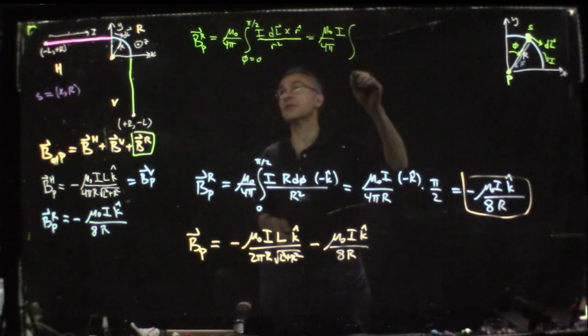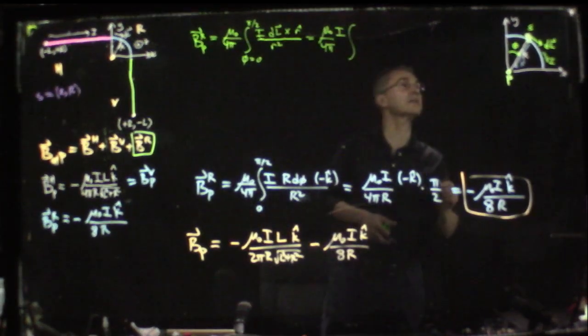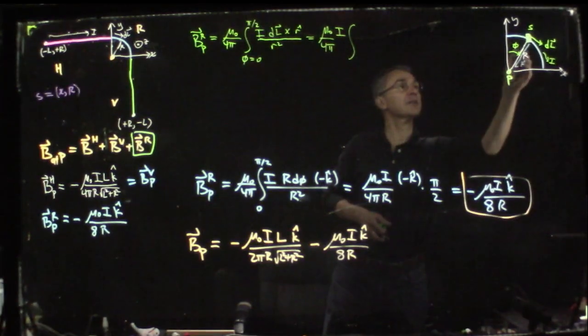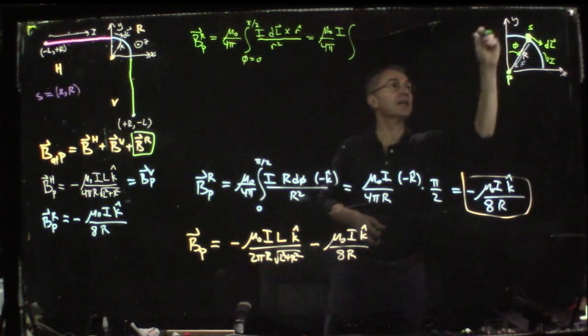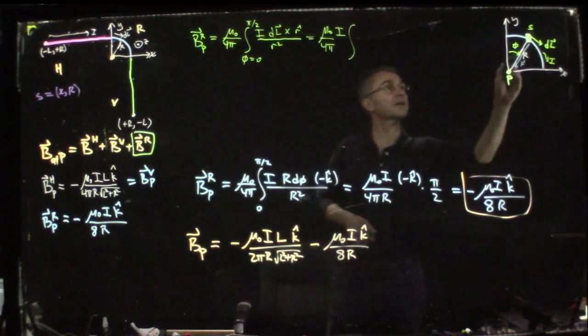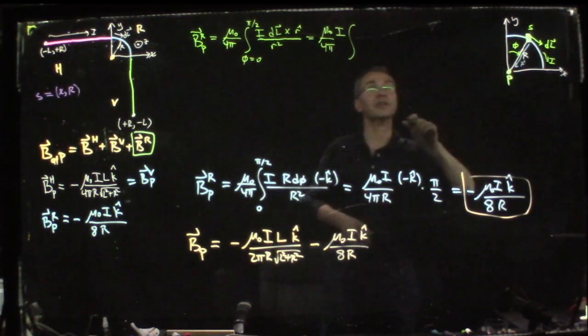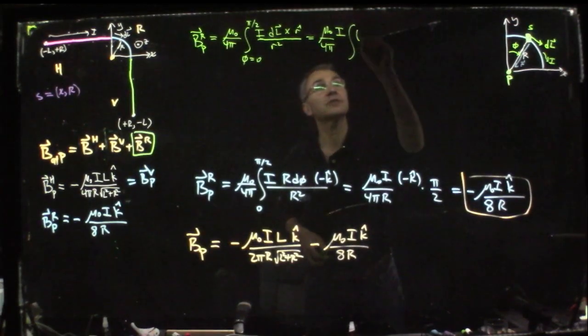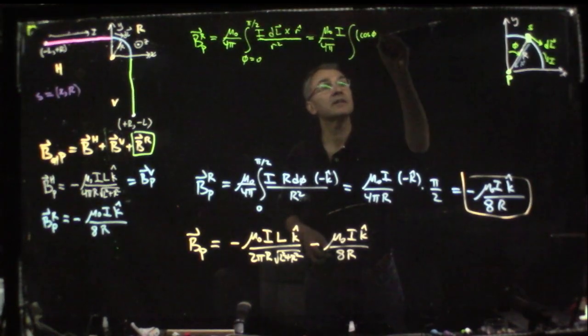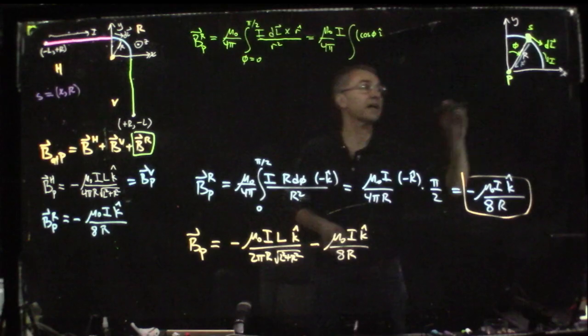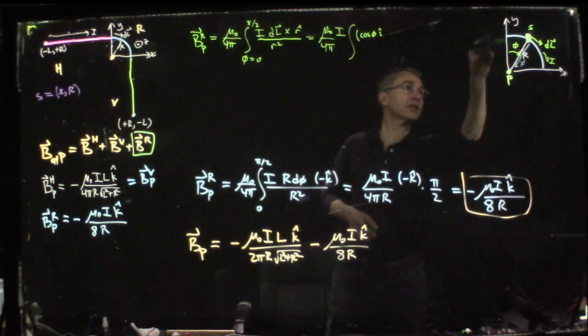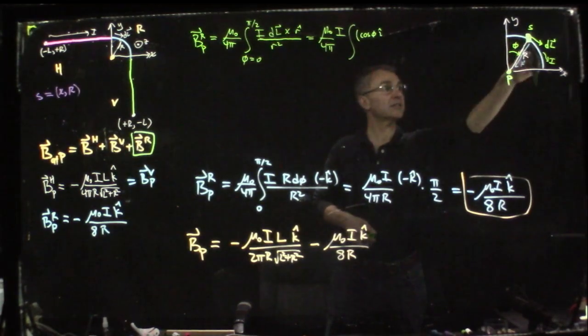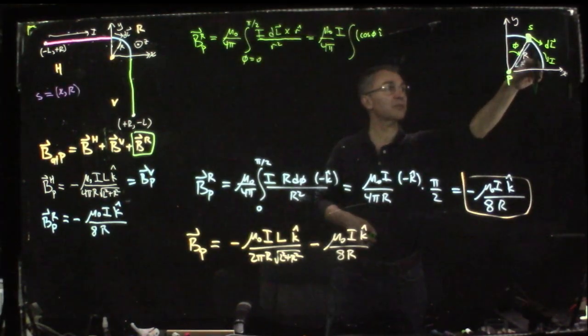Okay, so what is dl? If phi were 0, dl would be in the i hat direction. So I have cosine phi times i hat, because the cosine term is what I would get if phi were 0. And if phi were 90 degrees, I get the j hat term, so this is minus j hat.